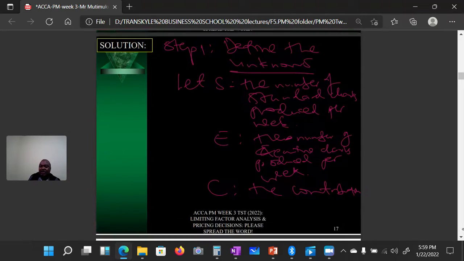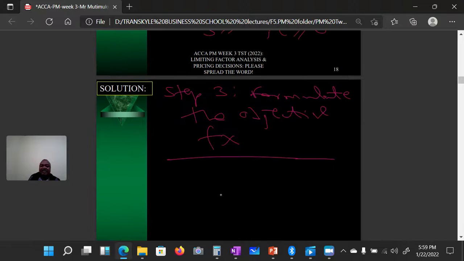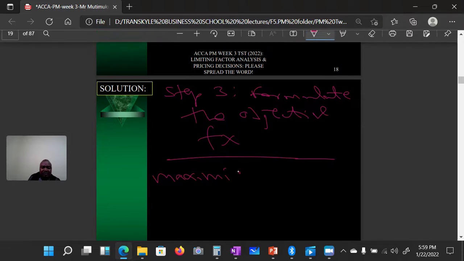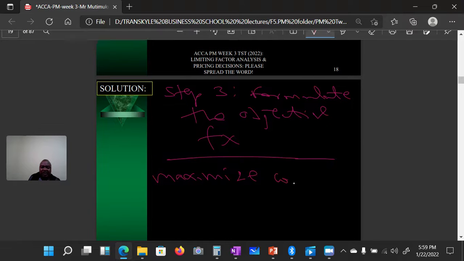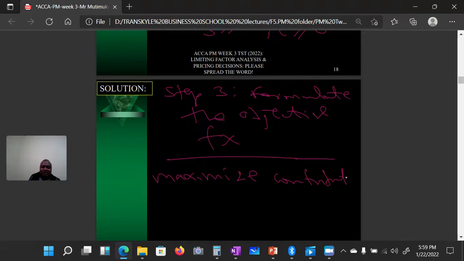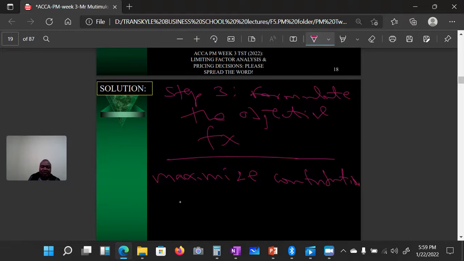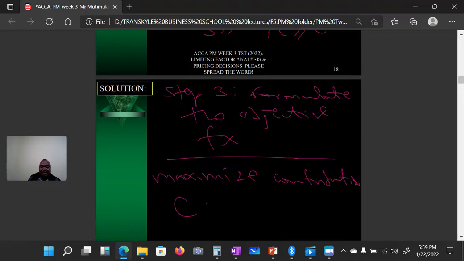So our objective function should be to maximize contribution. So C is equal to the contribution per unit.